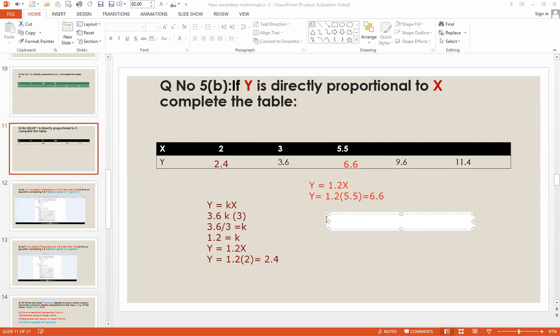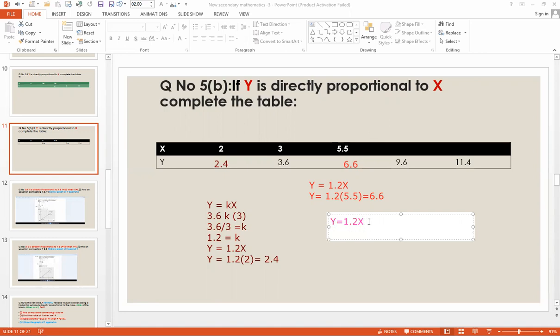That is y is equal to what? y is equal to 1.2, and then you have to write x. First, I have to change the color.